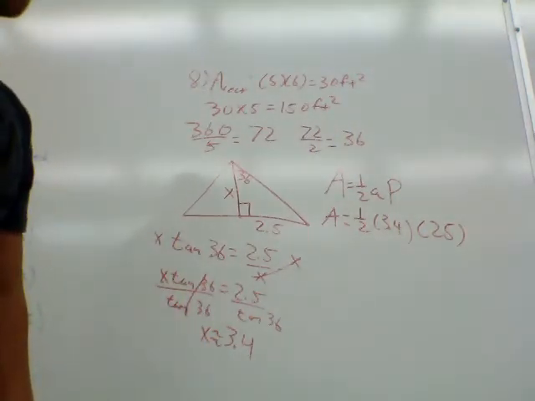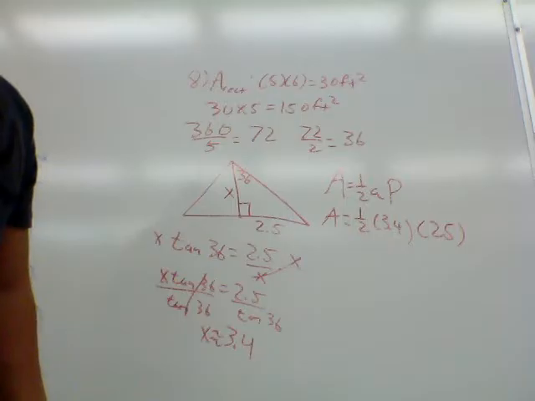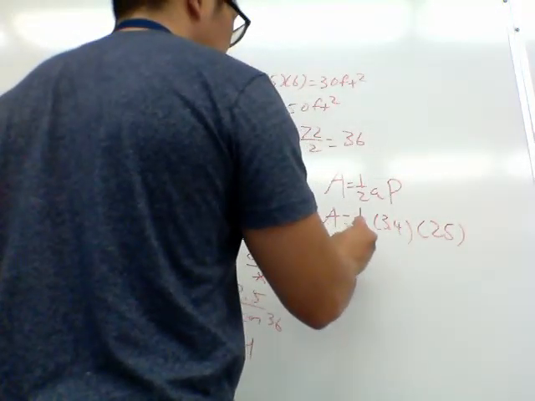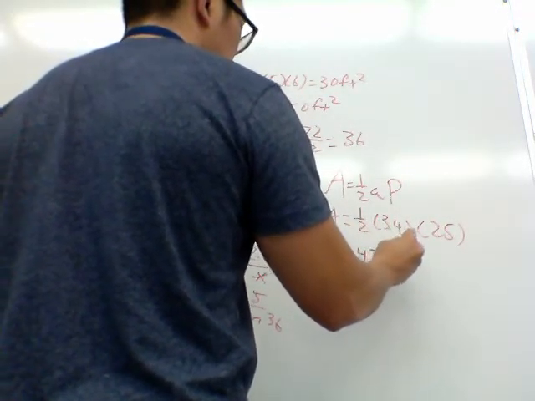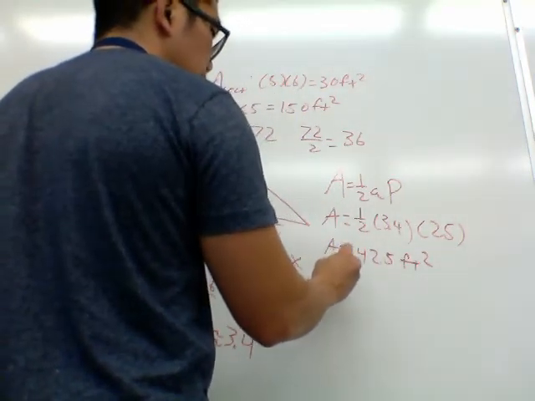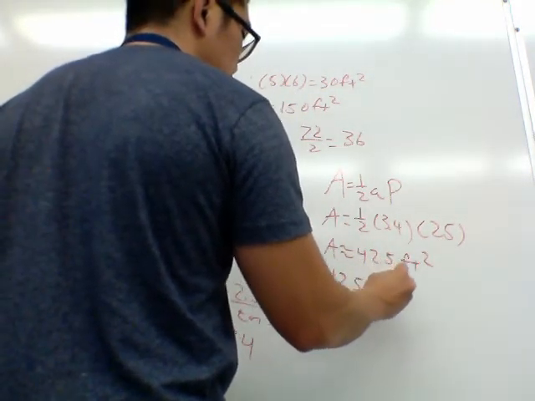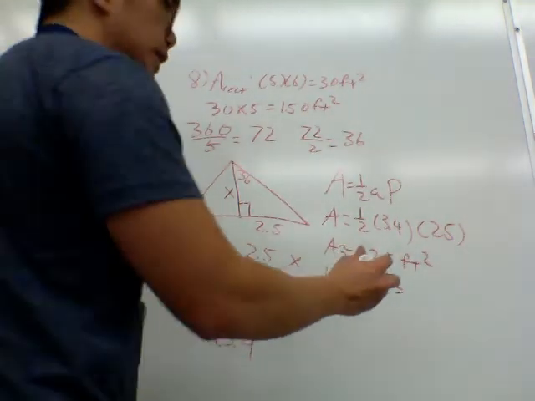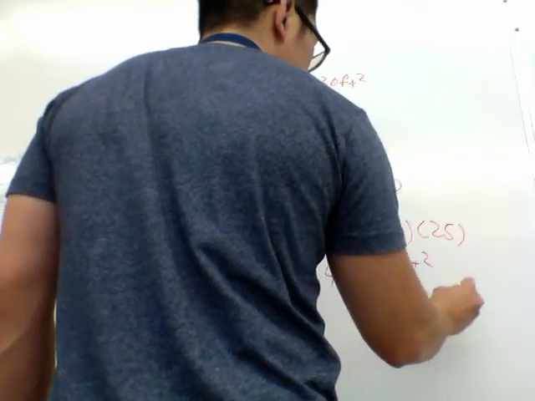So the area of the pentagon is going to be 42.5 feet squared. However, I have 2 of them, so it's 42.5 times 2. And that gives me 85 feet squared.